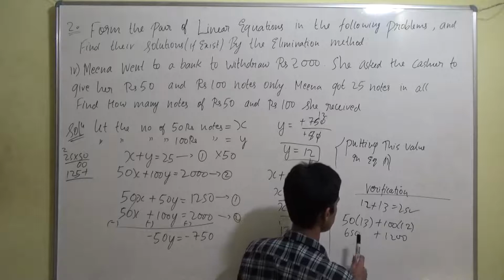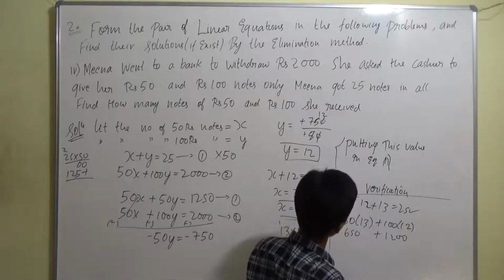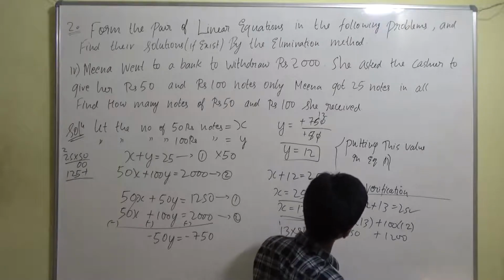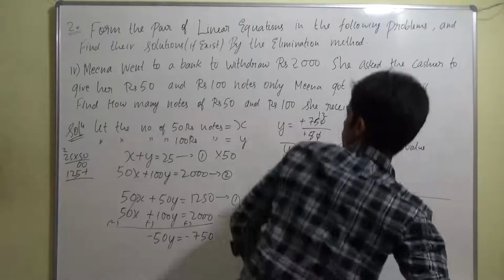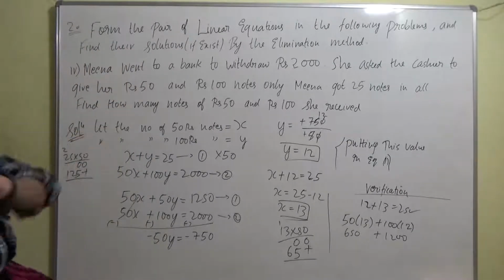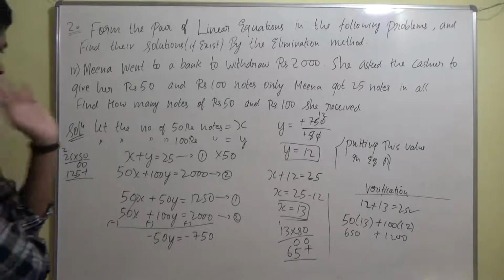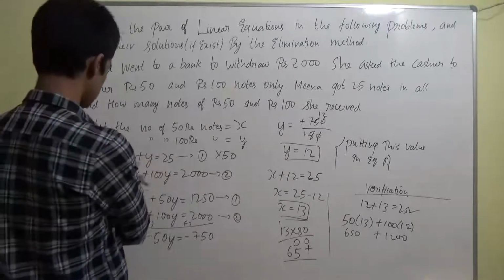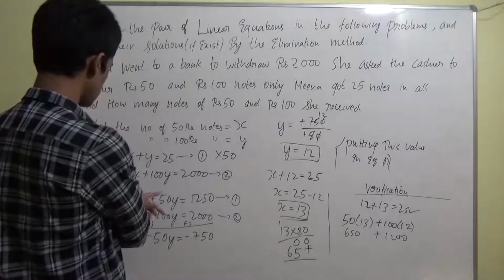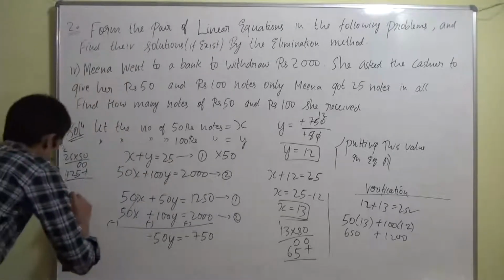So this should become equal to 800. I mean, it should become equal to 800. Why this verification is coming wrong? In first step the verification is coming correct. So 1 minute guys, let's see where we went wrong. You multiplied it with 50, so 25 into 50, there you went wrong. Oh.